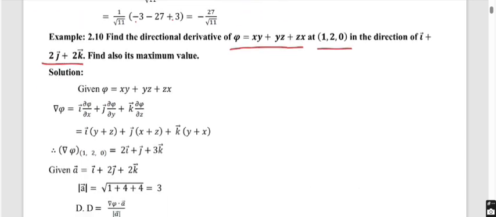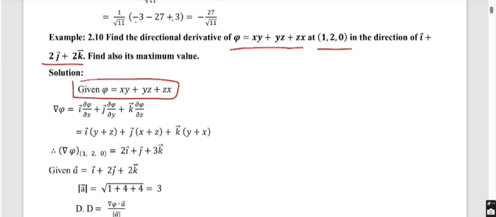Here scalar point function phi is given, that is phi equal to xy plus yz plus zx. From this phi we find del phi using the same formula. Dou phi by dou x is y plus z, dou phi by dou y is x plus z, dou phi by dou z is y plus x.